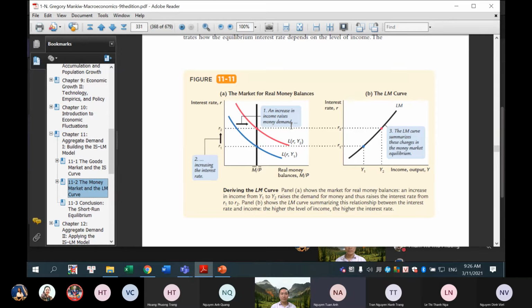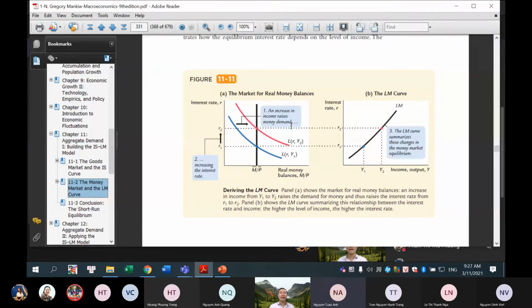So what happened is that the money supply is unchanged, determined by the central bank, and in this case the central bank has no intervention in the market. Yeah, if you don't put money in the stock market anymore, you have more money in your pocket.